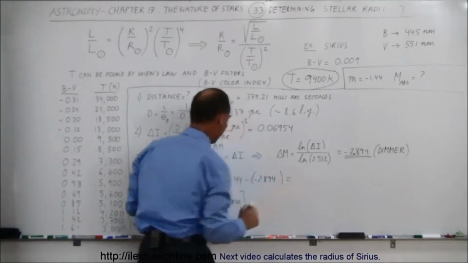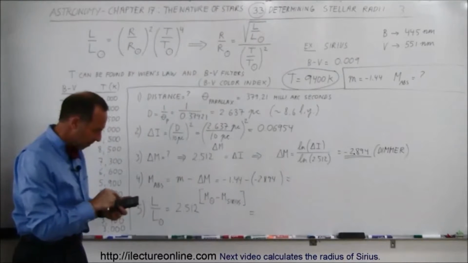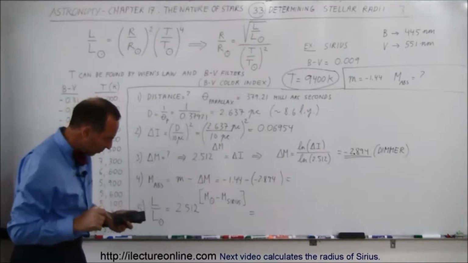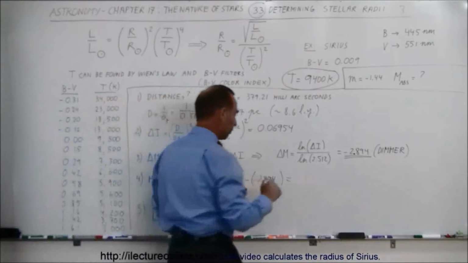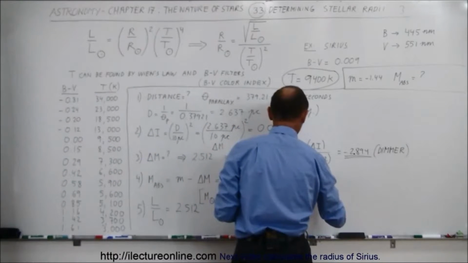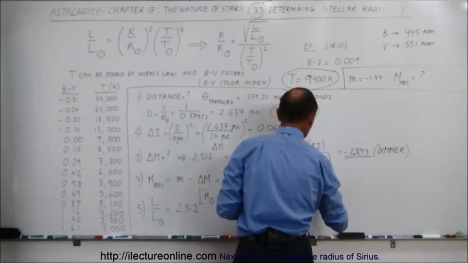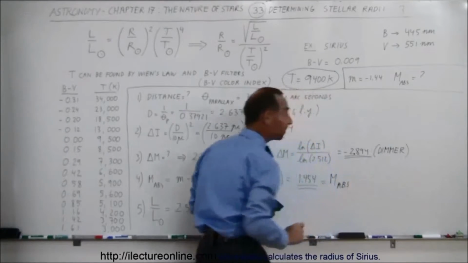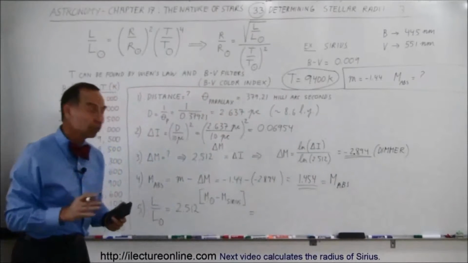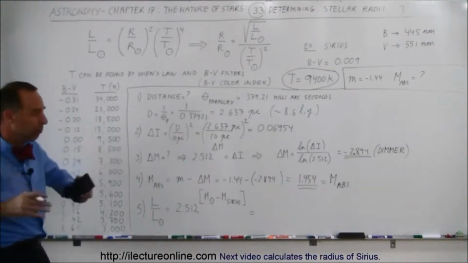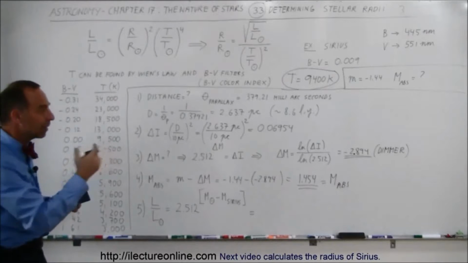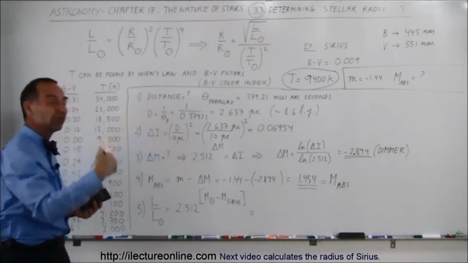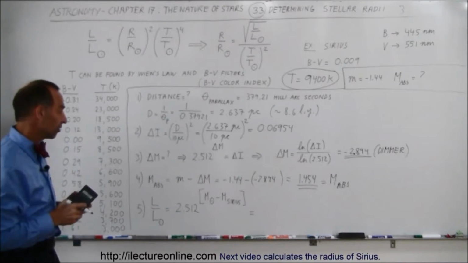All right, so that becomes plus, and then subtract from that 1.44, and we get 1.454. So this is 1.454. That is the absolute magnitude of Sirius. So that would be the absolute magnitude or absolute brightness or absolute luminosity in terms of magnitudes if the star Sirius was 10 parsecs away instead of its normal distance of 2.6 parsecs.